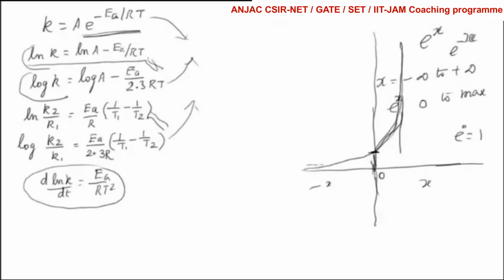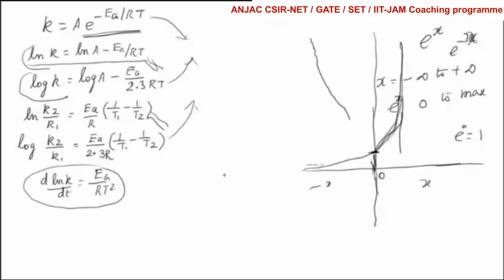On the other hand, for e power minus x, what happened? From minus infinity to plus infinity. Put x equal to minus infinity, it becomes e power infinity. The value is very high and it keeps decreasing.